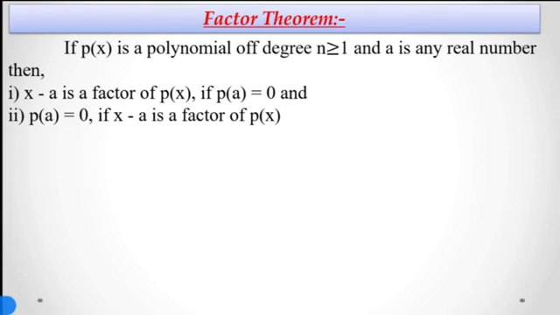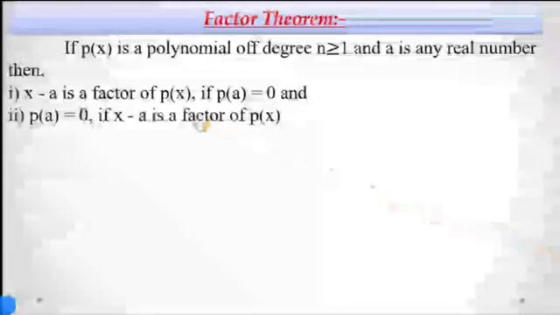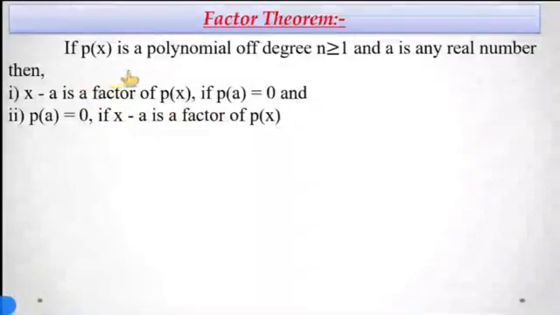Children, I will repeat the statement once, follow it. If p of x is a polynomial of, this is OF of, here there is no double F, it is a single F. If p of x is a polynomial of degree n greater than or equal to 1 and a is any real number, then here there are two conditions.